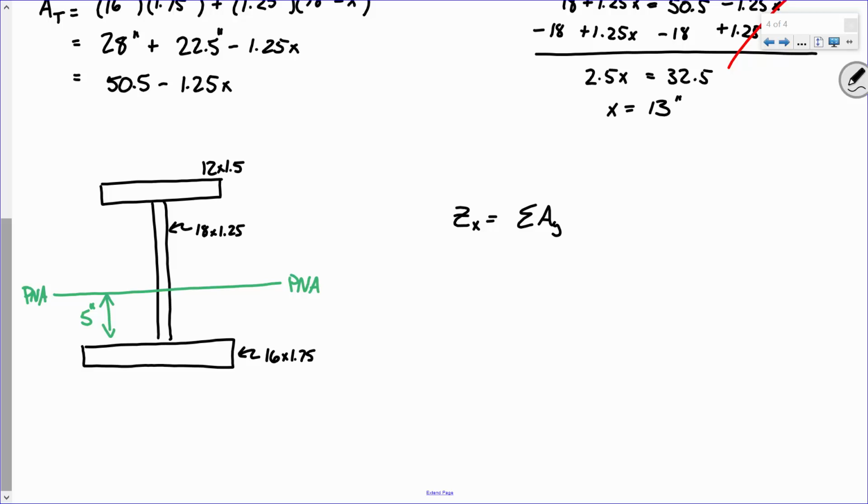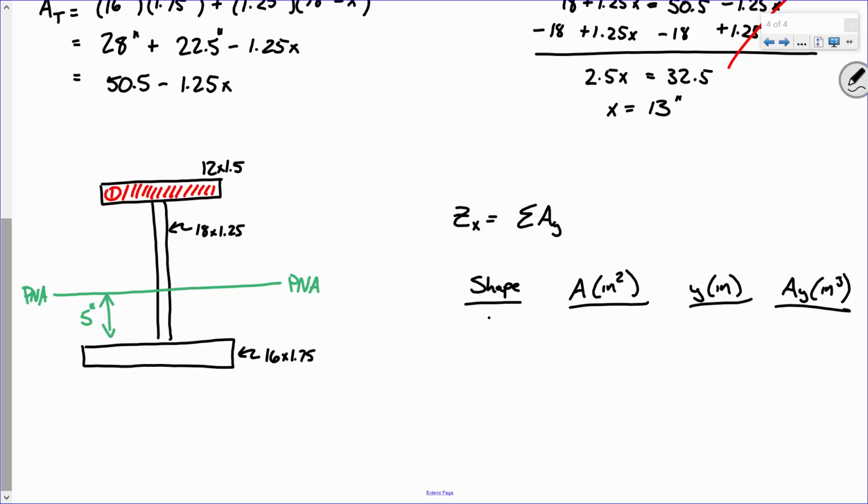So if you want, let's look at a shape, an area, a moment arm, and A times y. Let's keep this simple. Start off with shape 1, this top flange. What's the area? 12 times 1.5, that's 18.